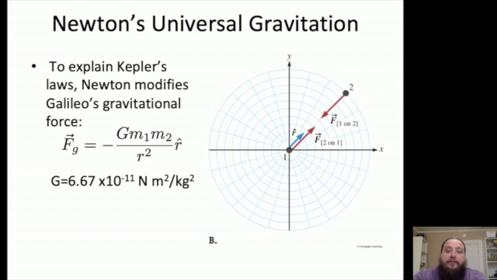So object 1 here might be the Earth, and object 2 here might be the Moon. And if you wanted to know what's the gravitational force of attraction between the Earth and the Moon, well, it's proportional to both the Earth's mass and the Moon's mass, and inversely proportional to the square of the distance between them.